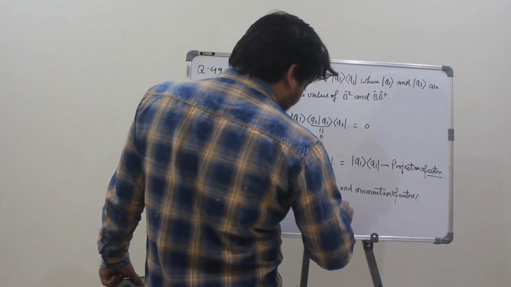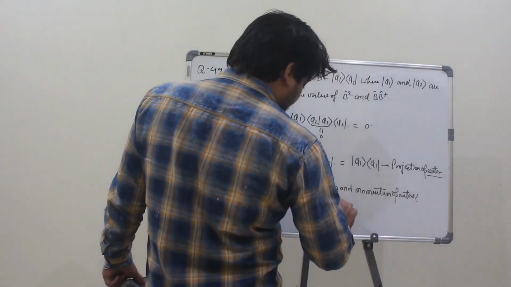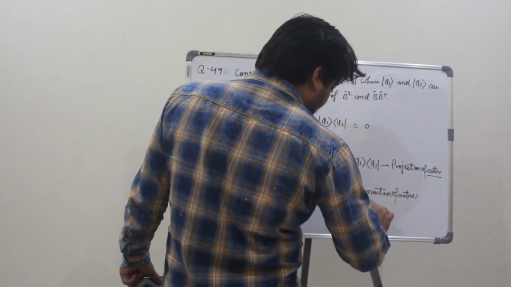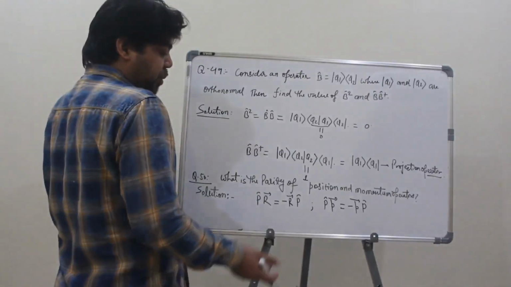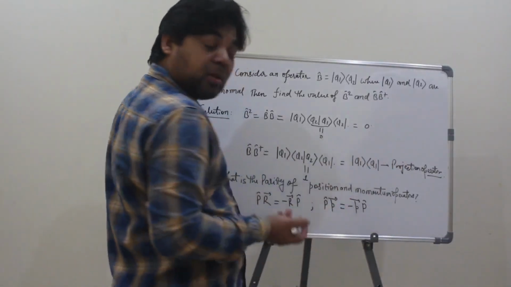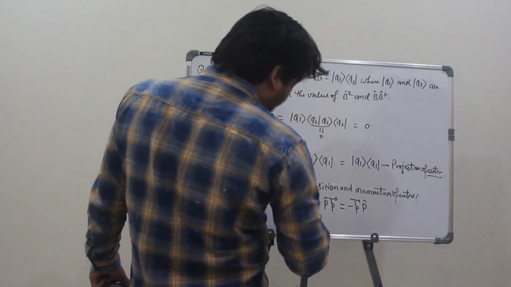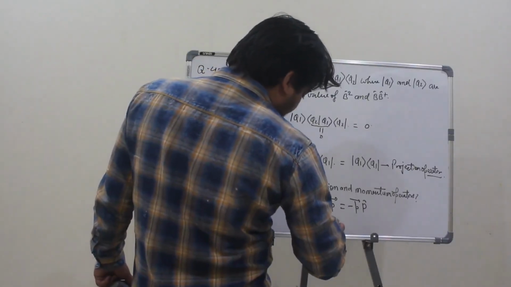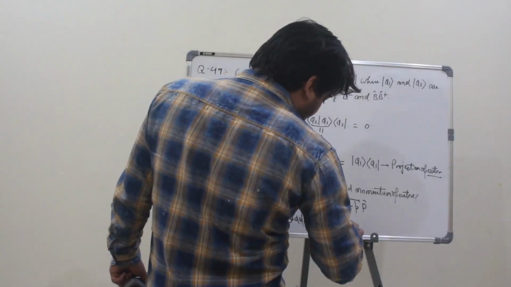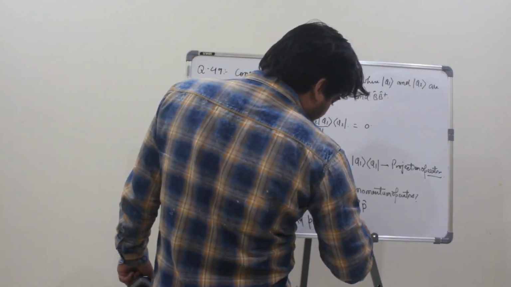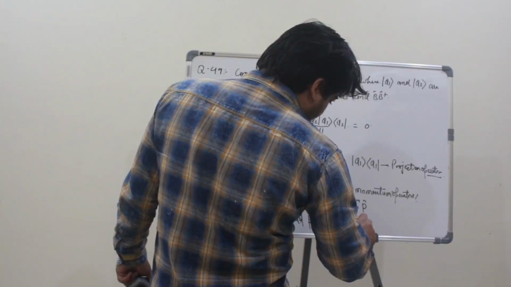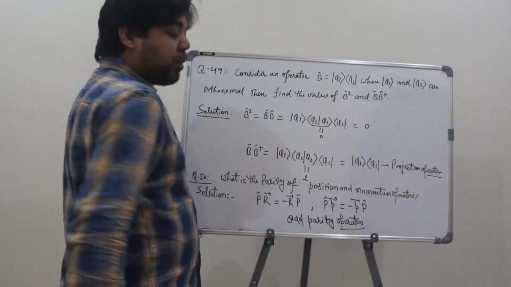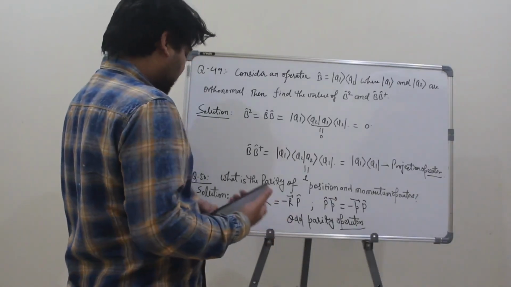Similarly, the parity operator operating on the momentum operator P cap gives you minus P cap. So both position and momentum operators are parity operators.